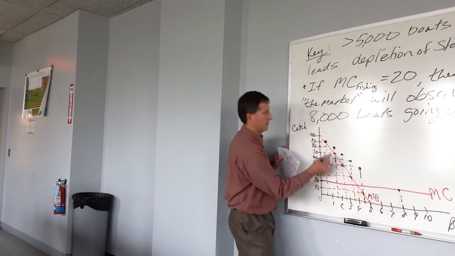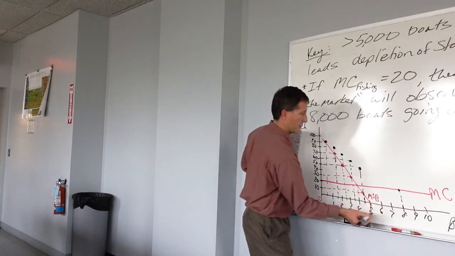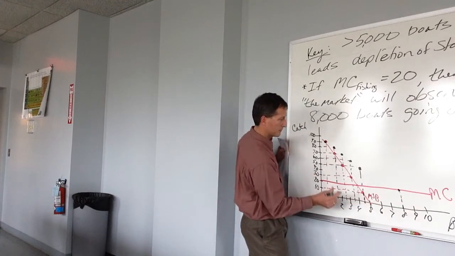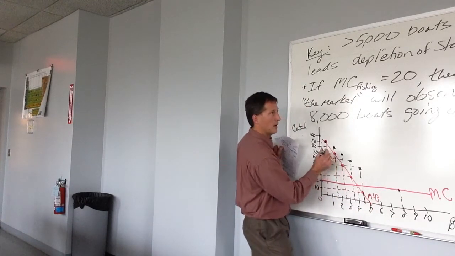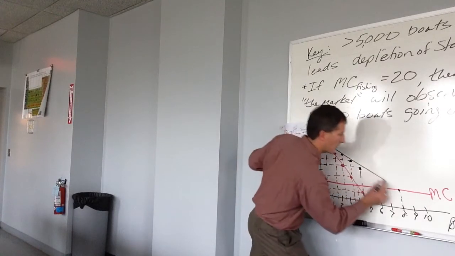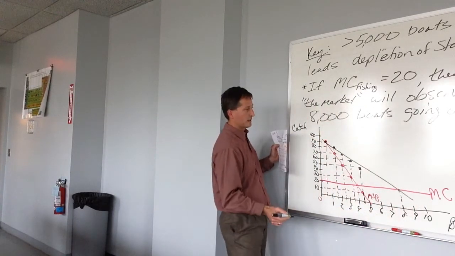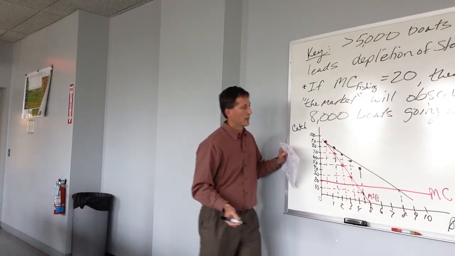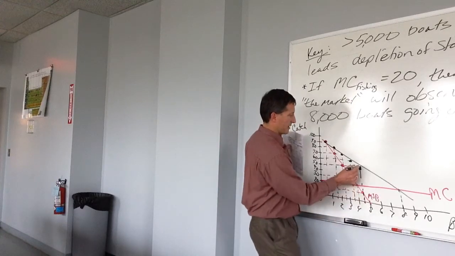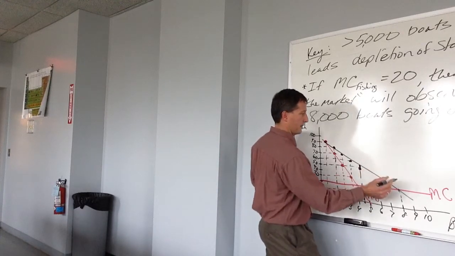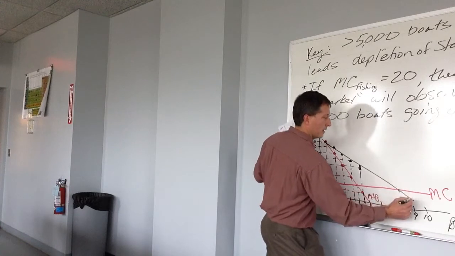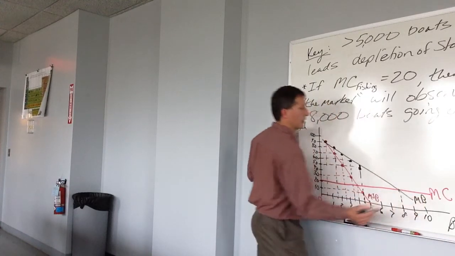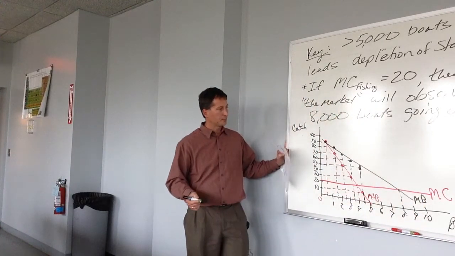You guys can keep tracking them if you want. Or you can shortcut. We're going to get 8,000 boats. You can see I was a little off too with my little drifting. That's okay. This reflects the marginal benefit to the fishermen.